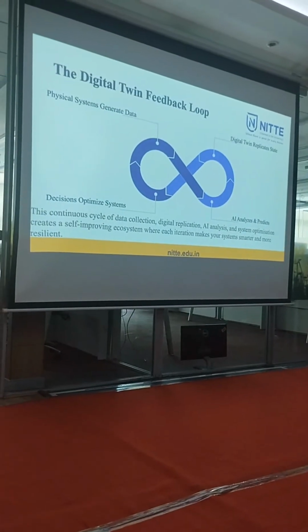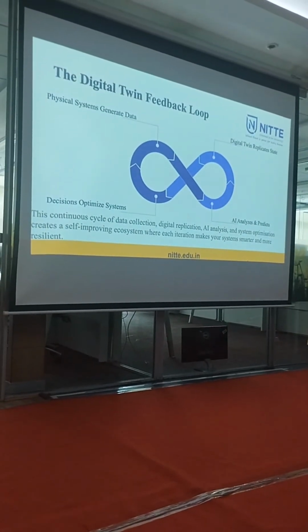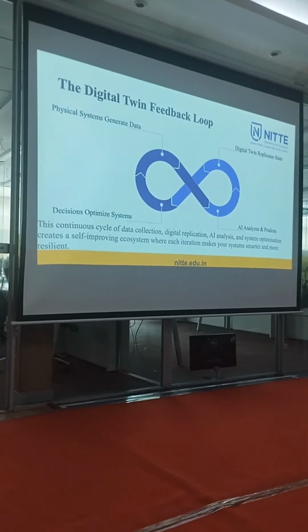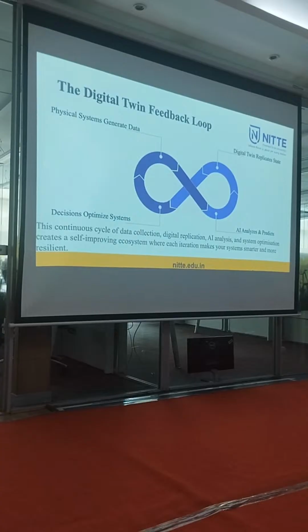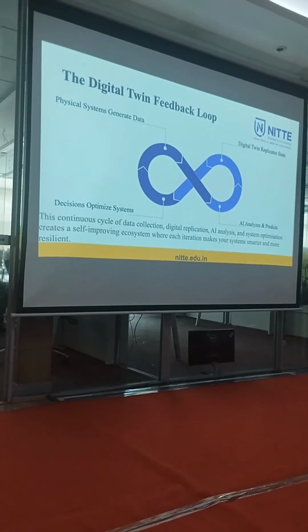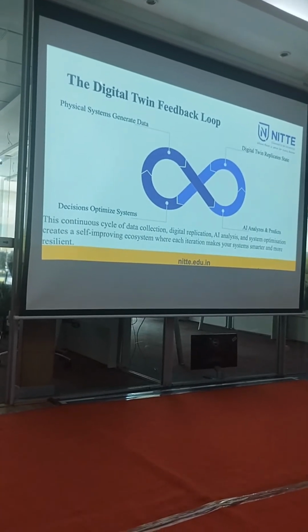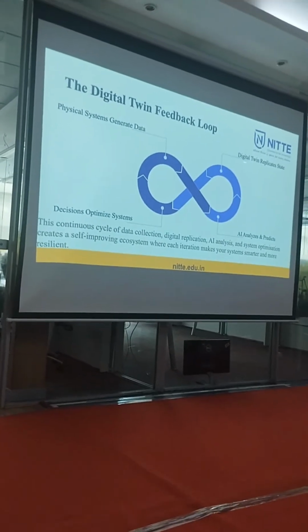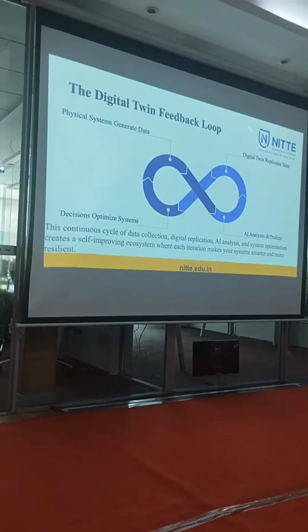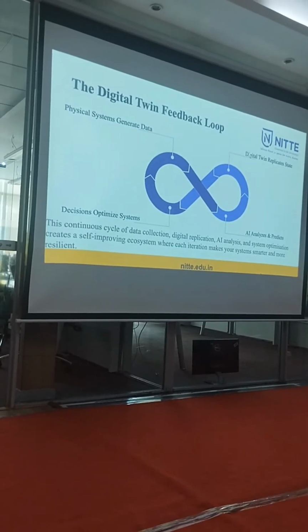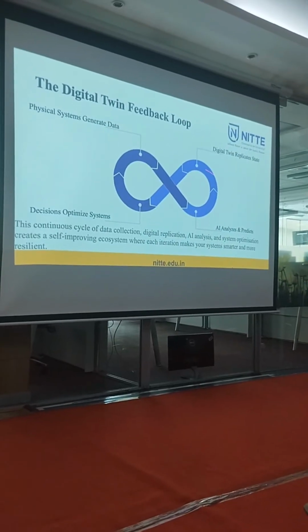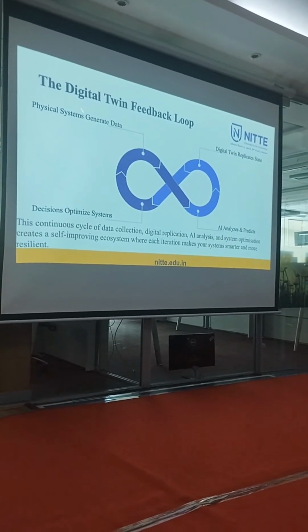So what exactly is the digital twin feedback loop? Normally in DevOps, the data is collected from the physical system, and the digital twin replicates that particular state, and it keeps on recording what is happening in the real world, in the physical system, or in the process, or the entity, whatever it could be.